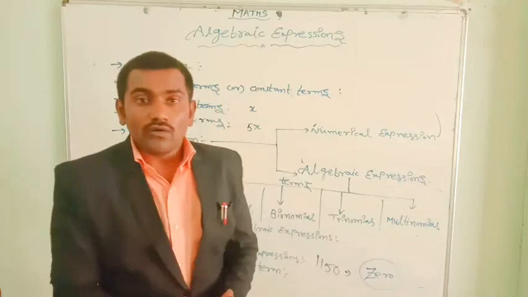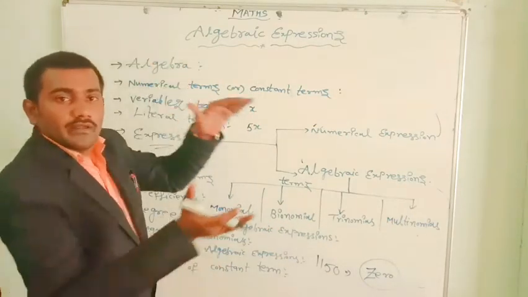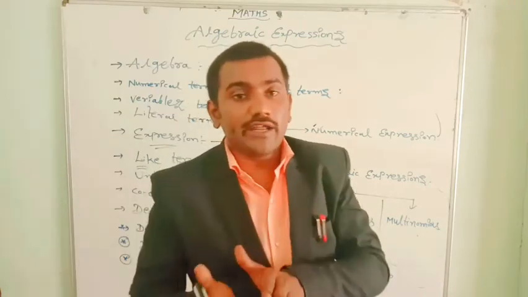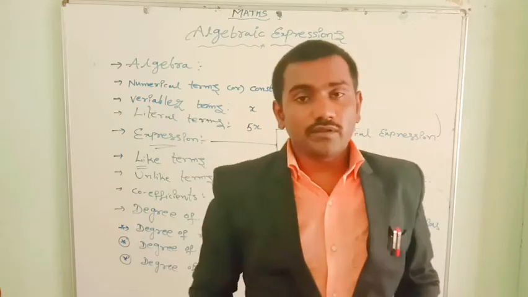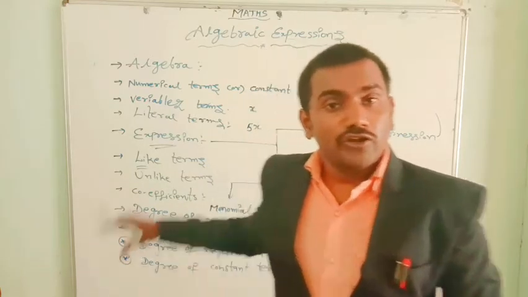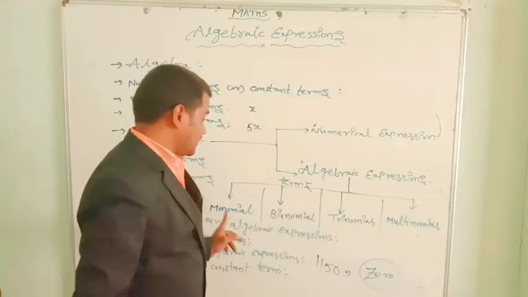Okay, now we have learned all this. Today we have learned about algebra, constant terms and variable terms. The combination of constant and variable terms is known as a literal term. We also learned about expressions, numerical expressions and algebraic expressions, like terms, unlike terms and coefficients.